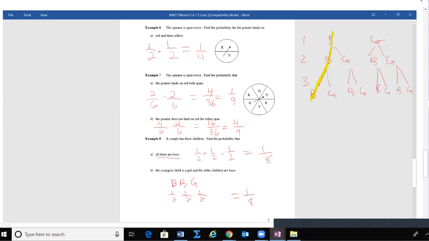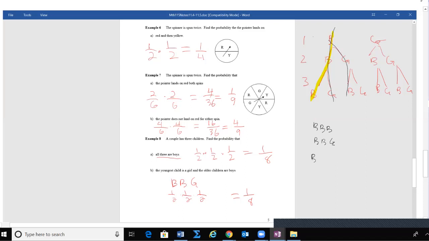There's the first branch. And I list what I have over here. I have boy, boy, boy. Then my next list coming down this way, I have boy, boy, girl. And I continue and come down this way.